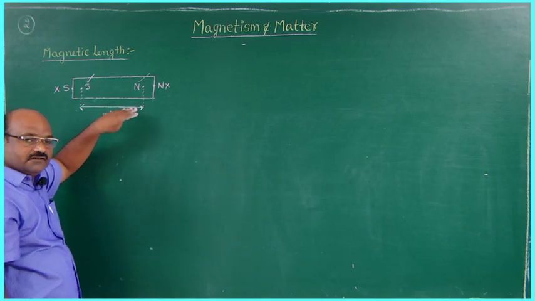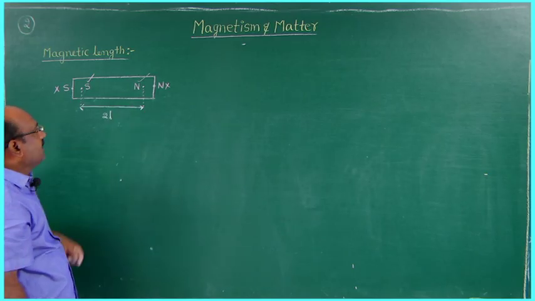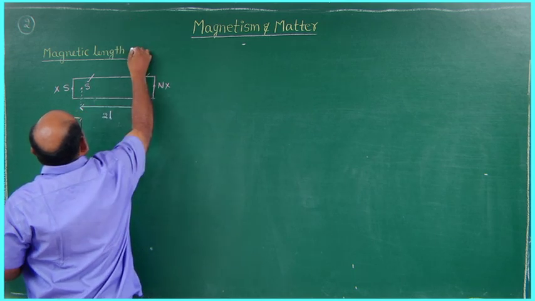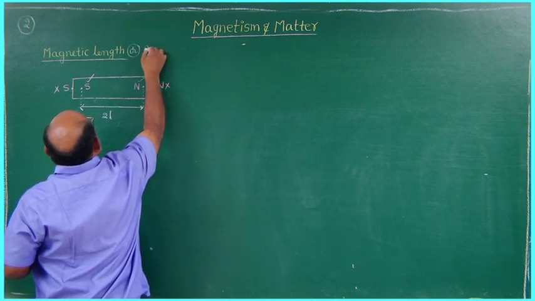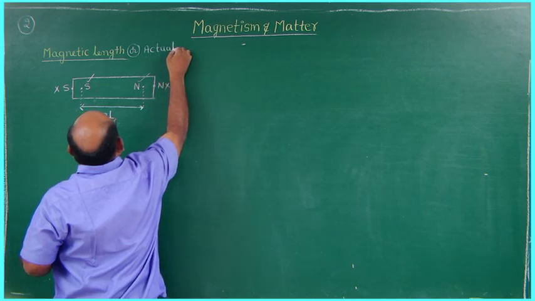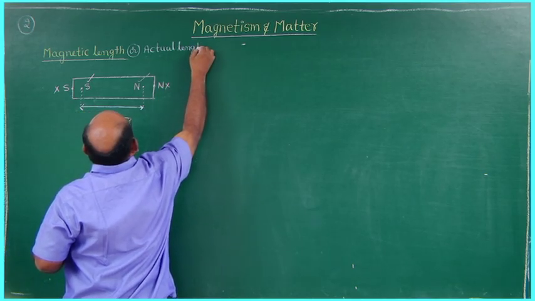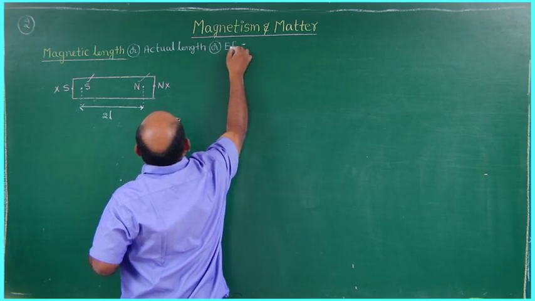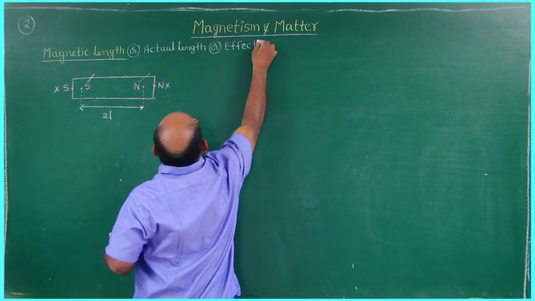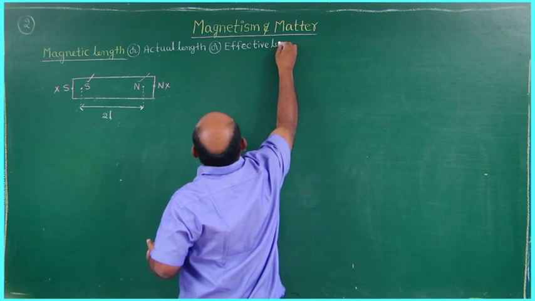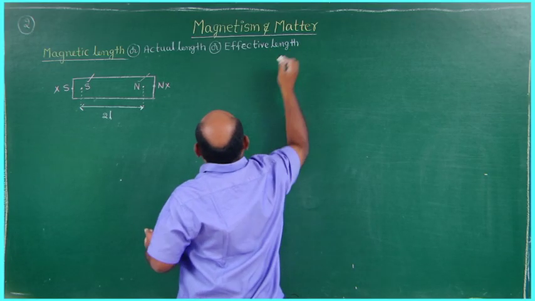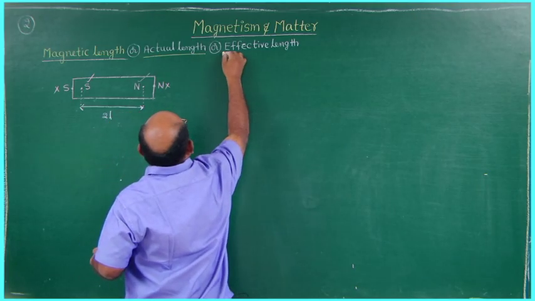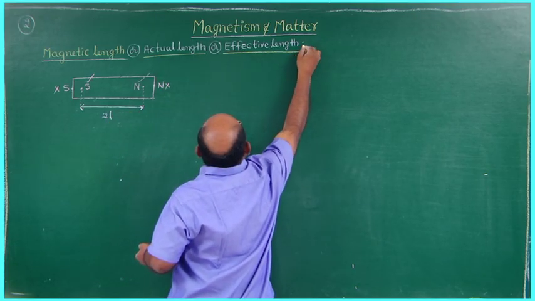The shortest distance between the poles of the magnet is the magnetic length, and we often call it by different names: magnetic length, actual length, or effective length.